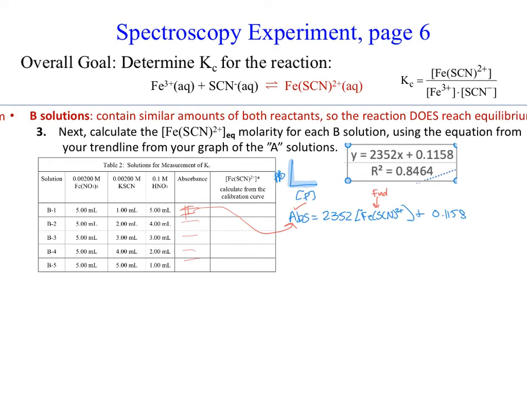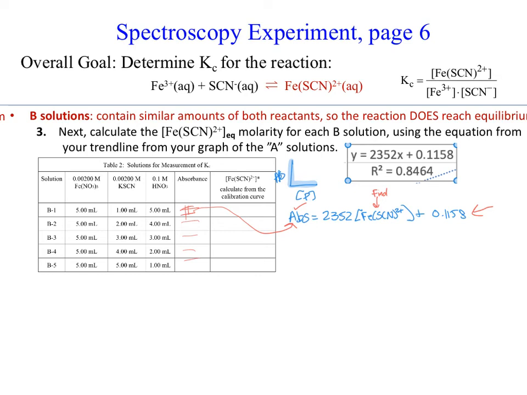Instead, we measure the absorption, the number read out on the spectrophotometer. We can then use our trend line from Excel in our A solutions and calculate the molarity of the product. To do this, you want to rearrange the algebra to solve for FeSCN2+.